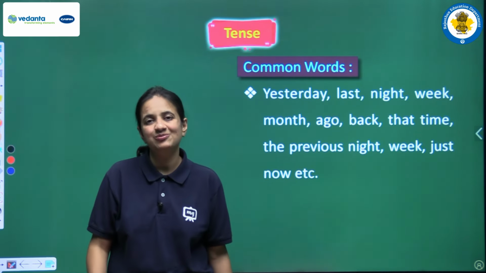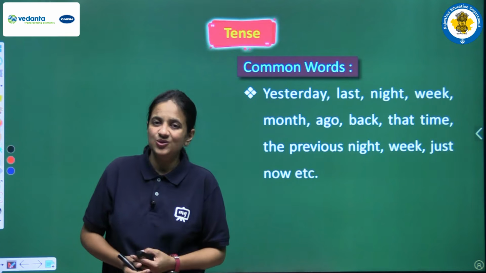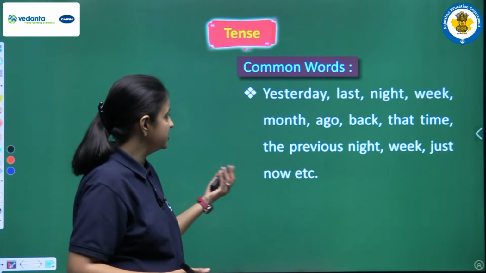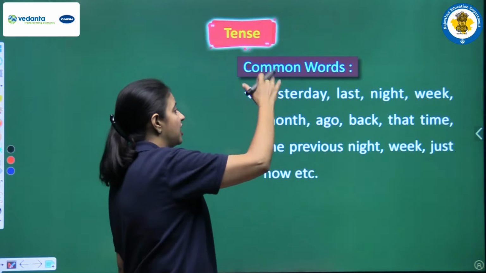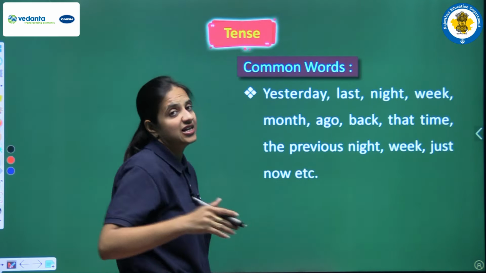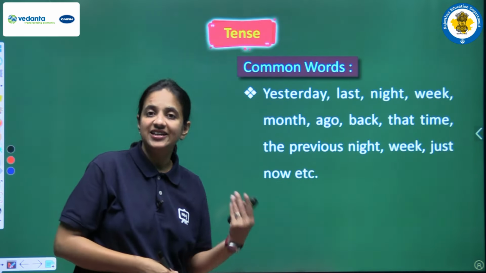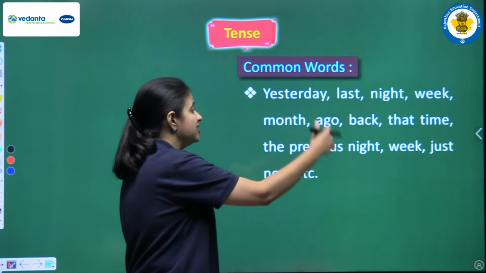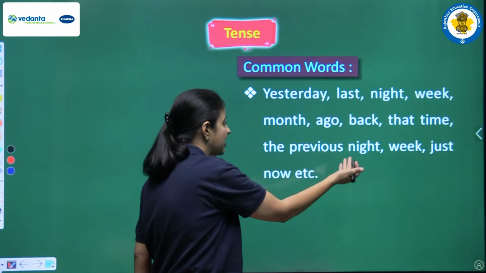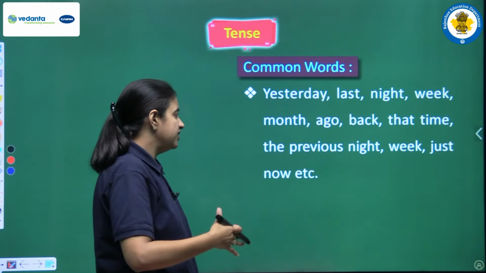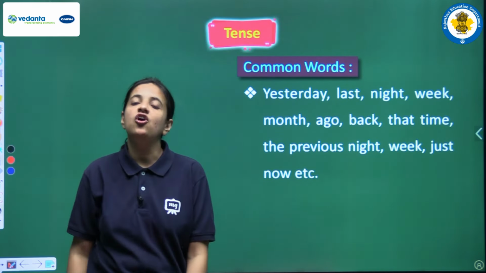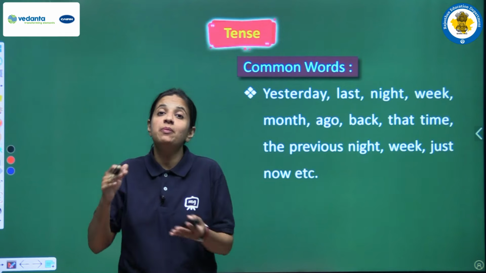Next we are having some common words. Now we are having some of the words that are basically used in past simple tense. So let's see: yesterday, last night, last week, last month, last year, last Sunday, last Monday, ago, back, that time, the previous night, the previous week, the previous year, just now, etc. All these are the words that show past time.